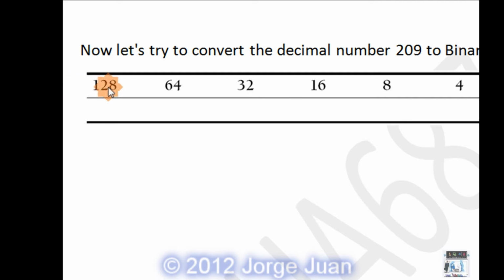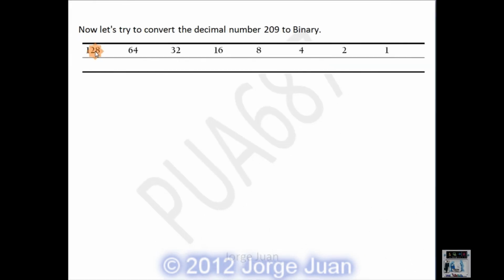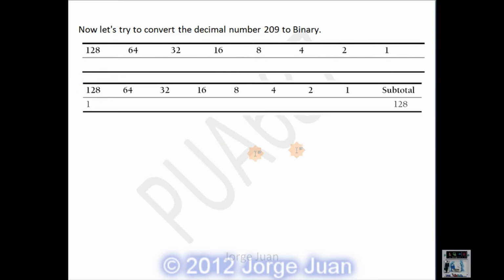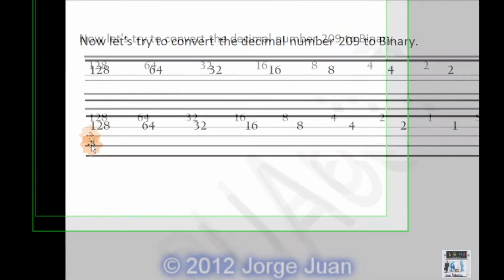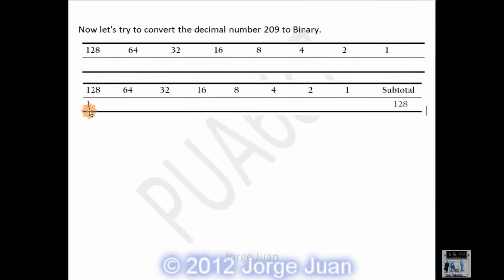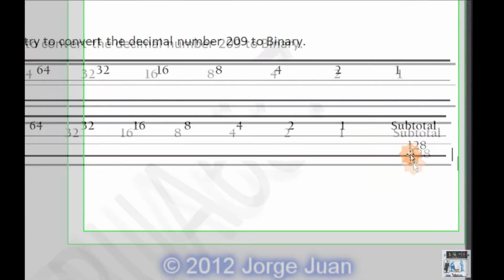Our largest number is 128. So the answer is yes. So we're going to place a 1 right below that. So that's what it would look like. The leftmost bit is set to on or to number 1, and that gives us a subtotal of 128.